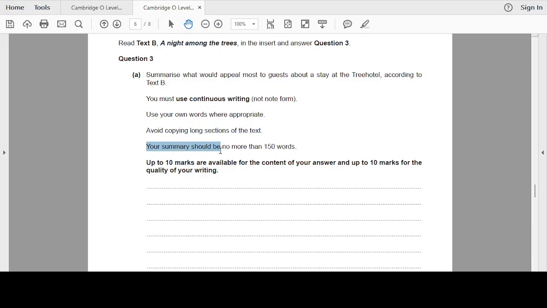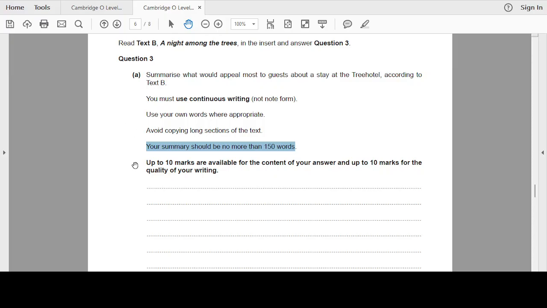And your summary should be no more than 150 words. This word limit is very strict. When the examiner is checking your summary, they will see up till where your writing goes to 150. Each word counts. Keep that in mind. Each and every word counts. Okay?